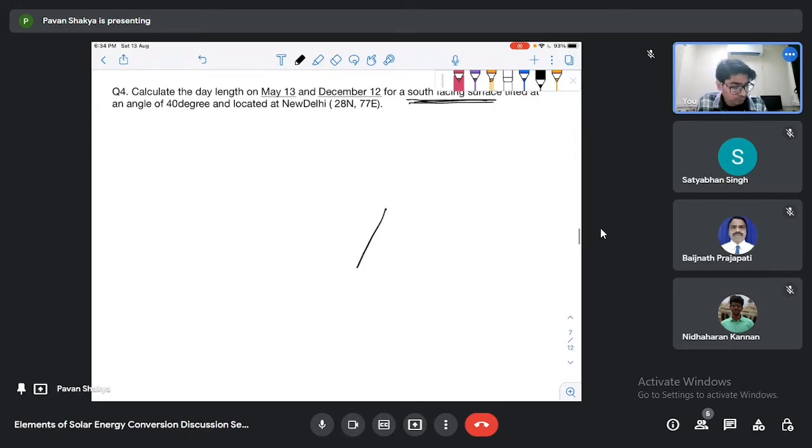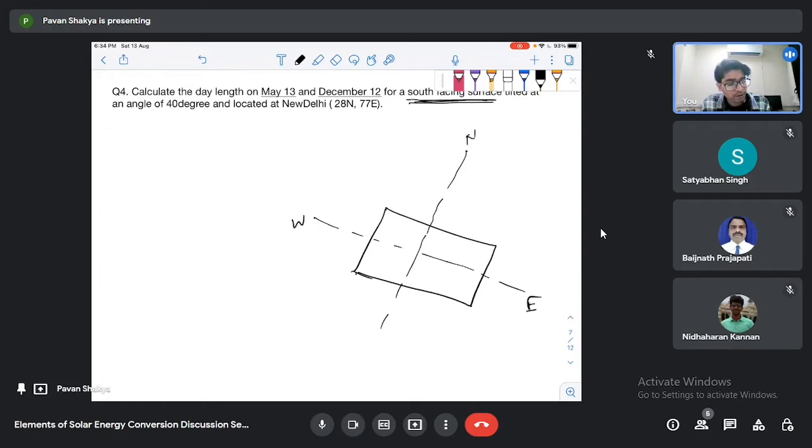Suppose this is the surface, and this is east, west, north. I have considered a surface that is not south facing.